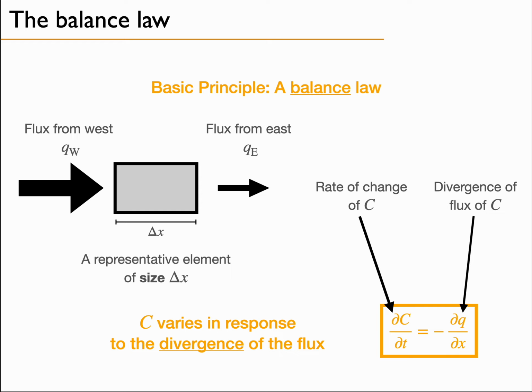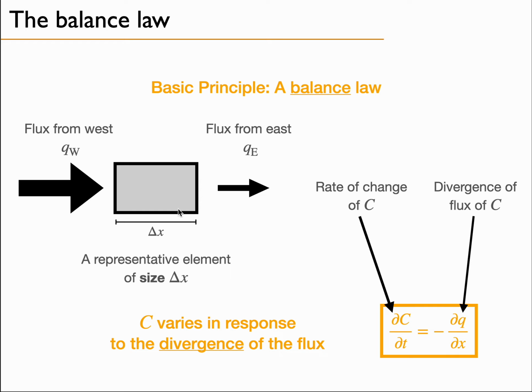So last week we've discussed the balance law, and we took the example of the gray box here, which would be a one-dimensional element inside a medium. This element has a side delta x, and it has a flux on the west side and a flux on the east side. And what we did with this little example, we've derived a basic conservation equation.